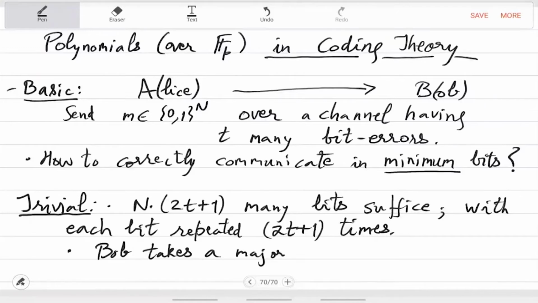So why is it 2t plus 1? Because of majority vote. So Bob takes a majority vote per block to find the bit.